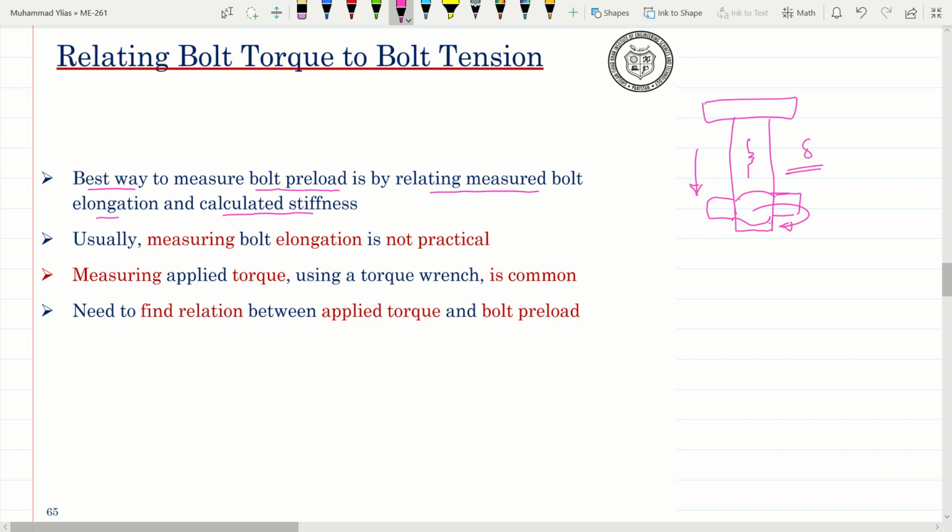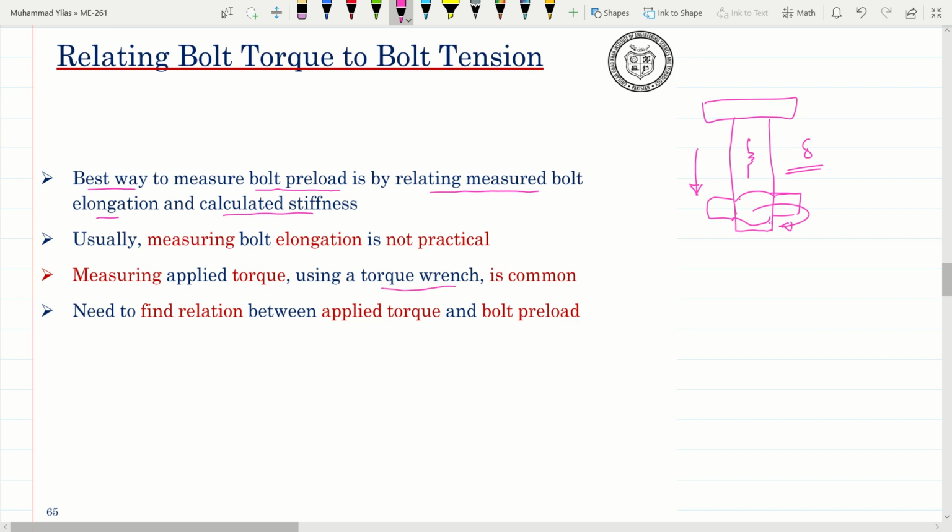Now this is easier said than done, because placing a measuring instrument on each and every bolt, when most of the times the bolts are inside the holes and these cannot be approached externally, it's very impractical. Then we try for the alternatives, and the most commonly used alternative is to apply the torque wrench.